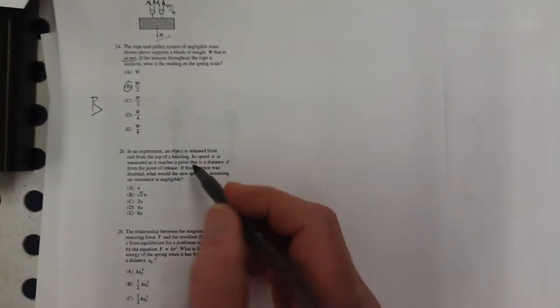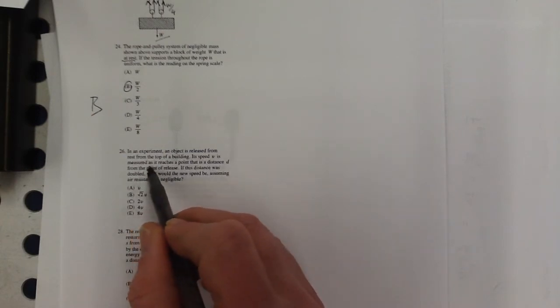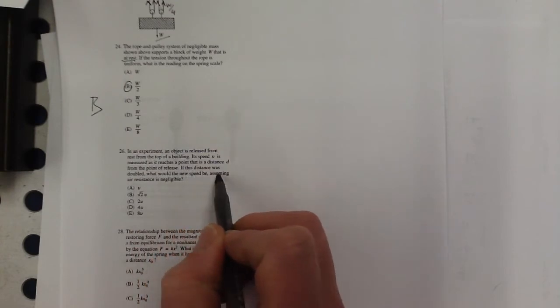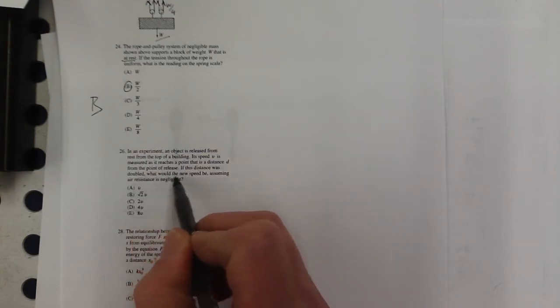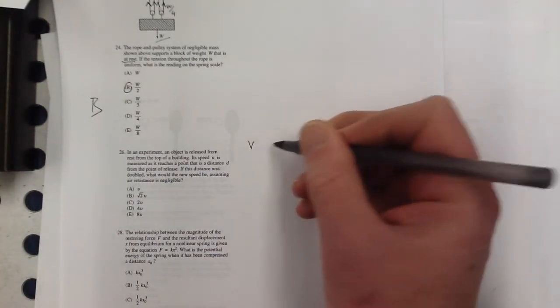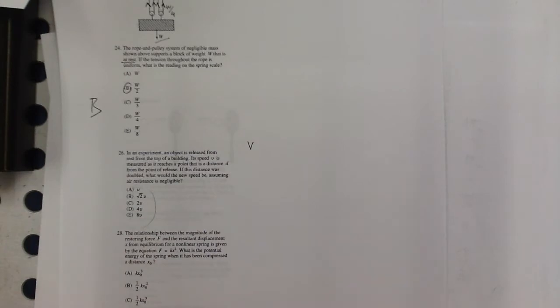In an experiment, an object is released from rest from the top of a building. Its speed v is measured as it reaches a point that is a distance d from the point of release. If this distance was doubled, then what would be the new speed? So we need velocity as a function of distance, and this is one of those proportional reasoning problems, right?